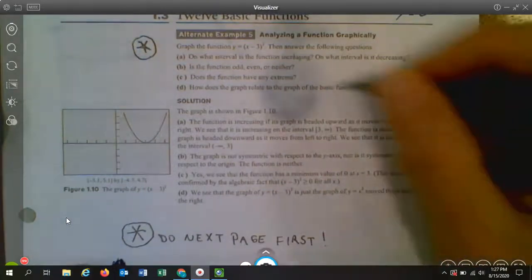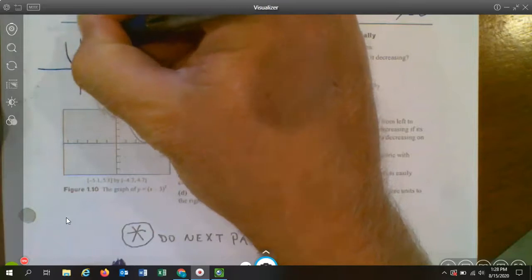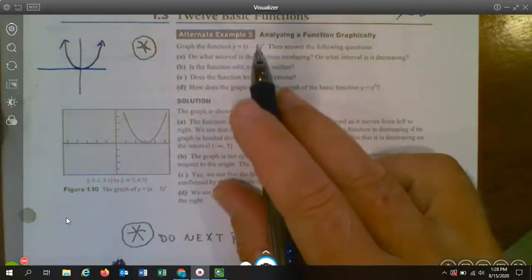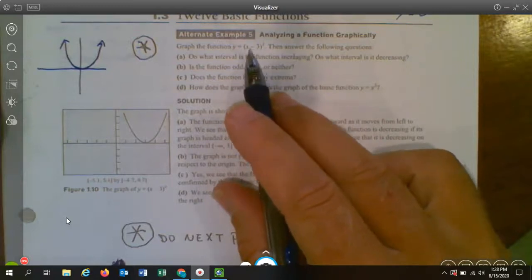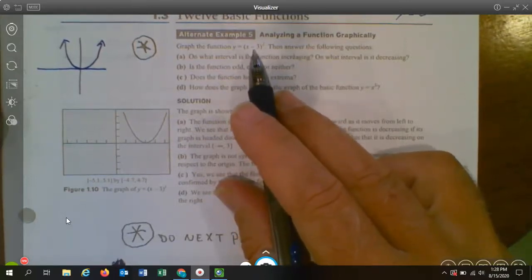If I took the parent function of y = x squared, which we just drew on the other page, I know the parent function looks like this, and anything inside those parentheses, anything that's attached to x, is going to affect your graph left and right. When it comes to the pluses and the minuses in your horizontal shifting, they always do the opposite of what you would see.